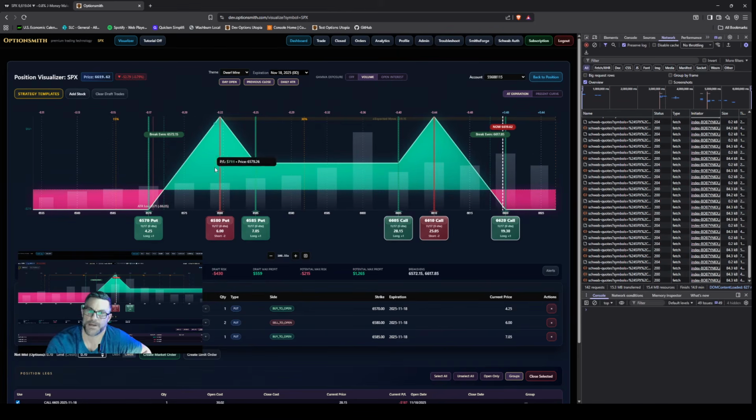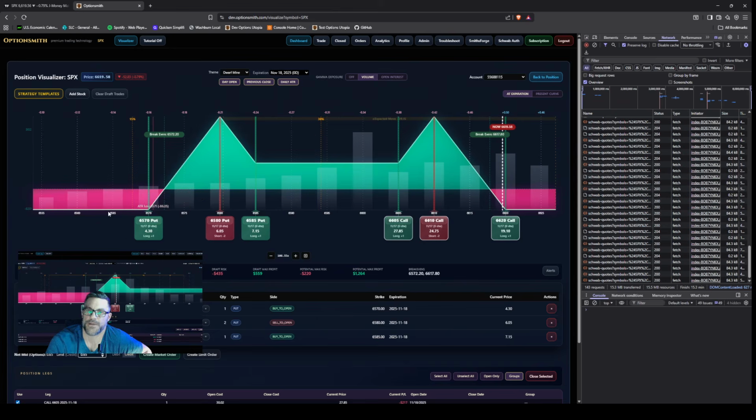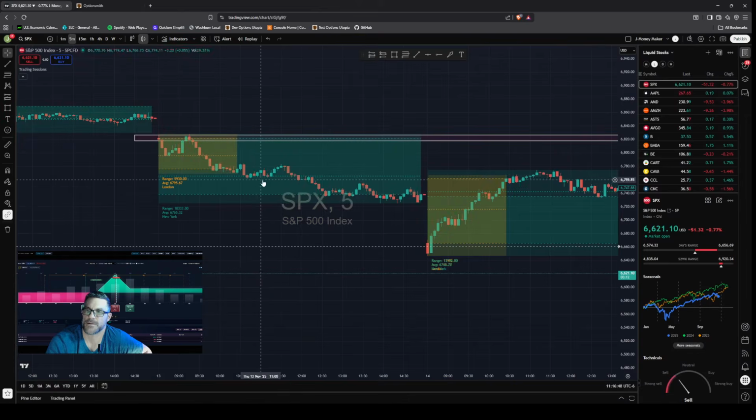So I would have put this on, and we could say, well, if you hadn't put that second broken wing butterfly on and made it a Batman, this would have been just a regular winner. But now you turned it into a loser. But it is a little bit less of a loser because I do have this bullish broken wing butterfly on that took away some of the loss that is taken by the bearish one.